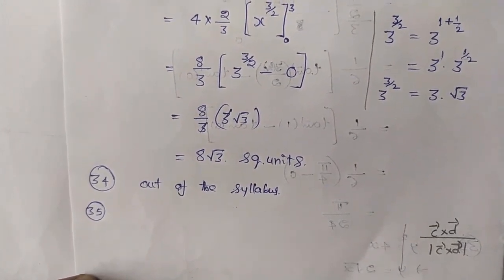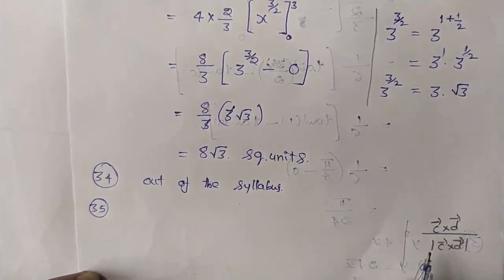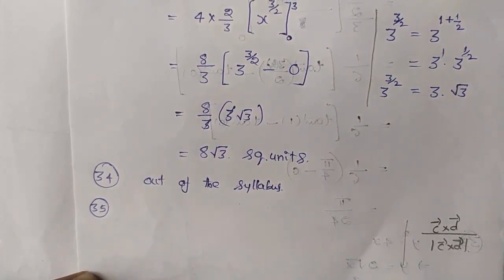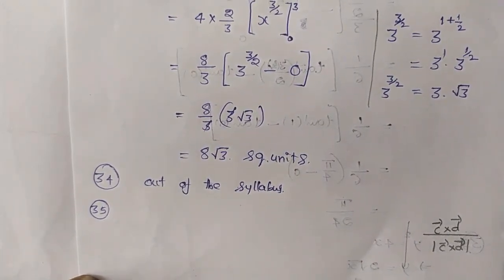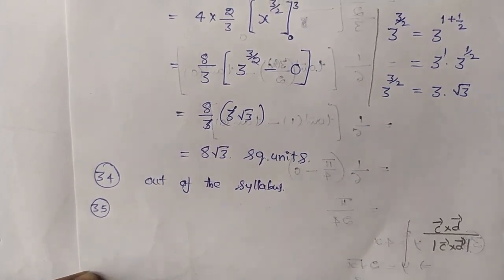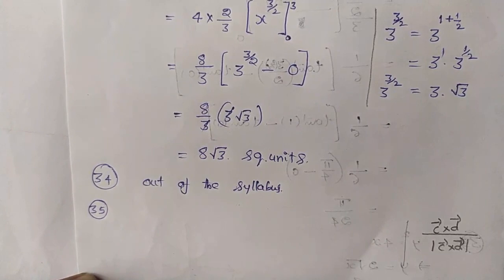Okay, it is the formula. So see the question once again. Find a unit vector perpendicular to each of the vectors a plus b and a minus b, where a vector and b vector is given.